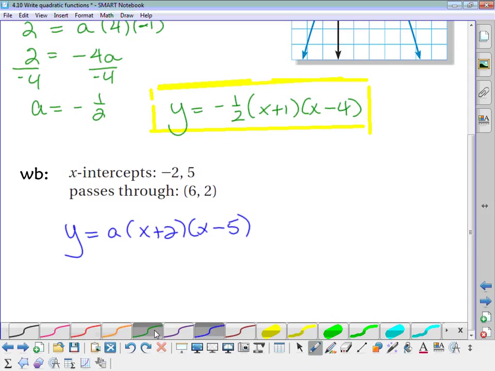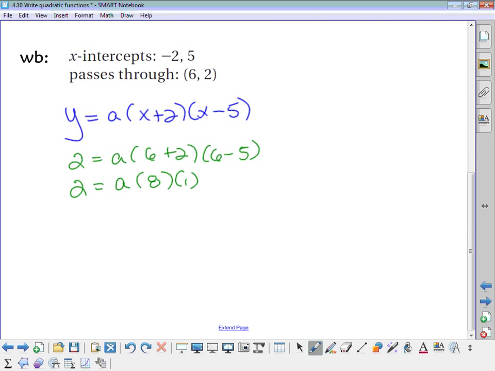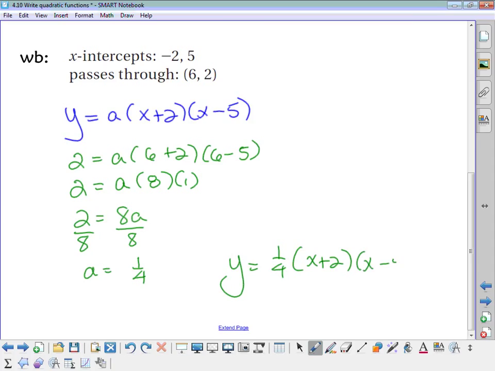And then if I plug in the 6 for x and the 2 for y, I get 2 is equal to a times 8 times 1. So basically 8a is equal to 2. I divide by 8, and a is equal to 1/4. So my equation would be y equals 1/4 times x plus 2 times x minus 5.